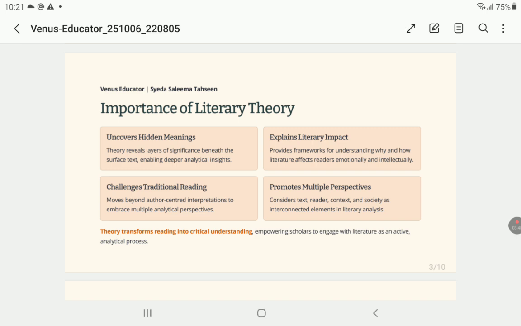We'll move to the next one, that is, it explains literary impact. Literary theory provides frameworks for understanding why and how literature affects readers emotionally and intellectually. Just now I told you that if you take any song, it directly does not give the actual meaning of the literary words.